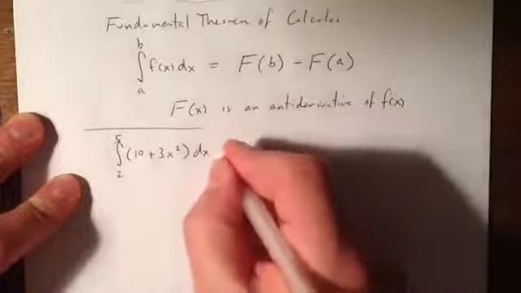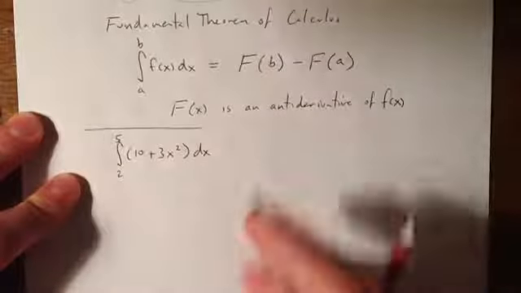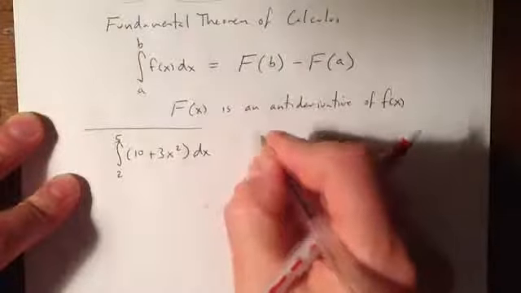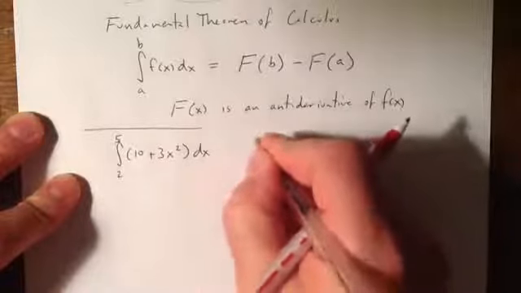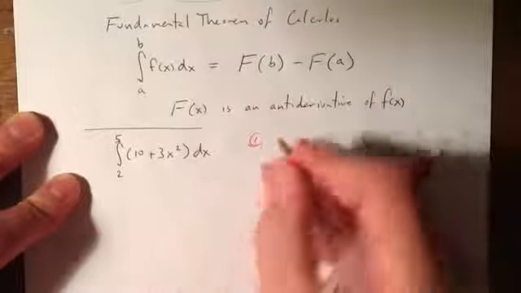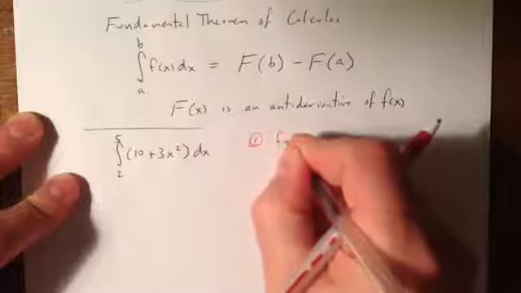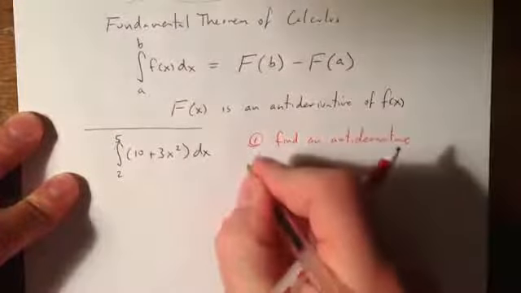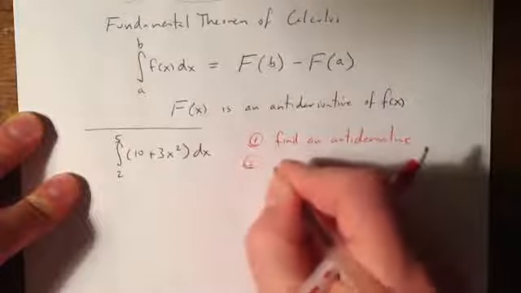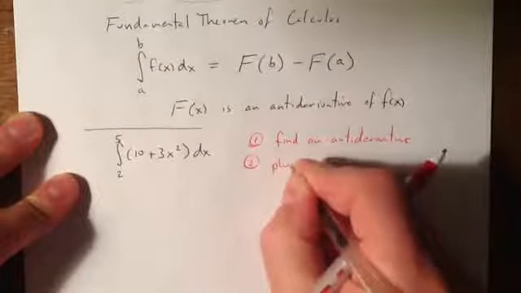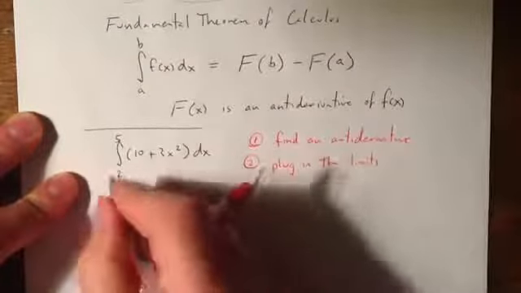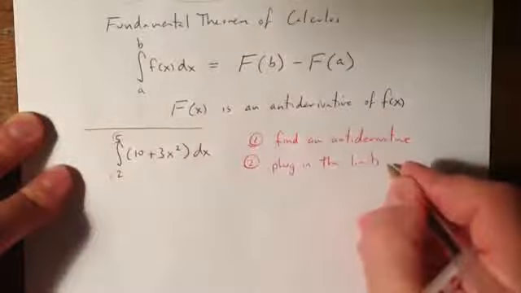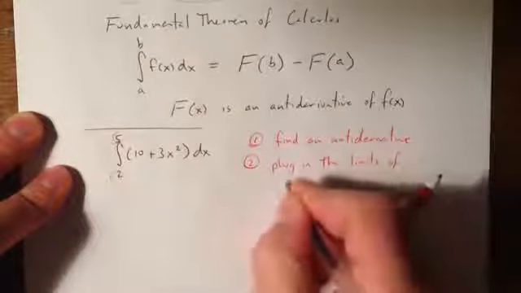And there's a two-step process that we can follow to find the value of that integral. First, I want to find an antiderivative, and then I want to plug in the limits of integration, the 5 and the 2, and subtract.